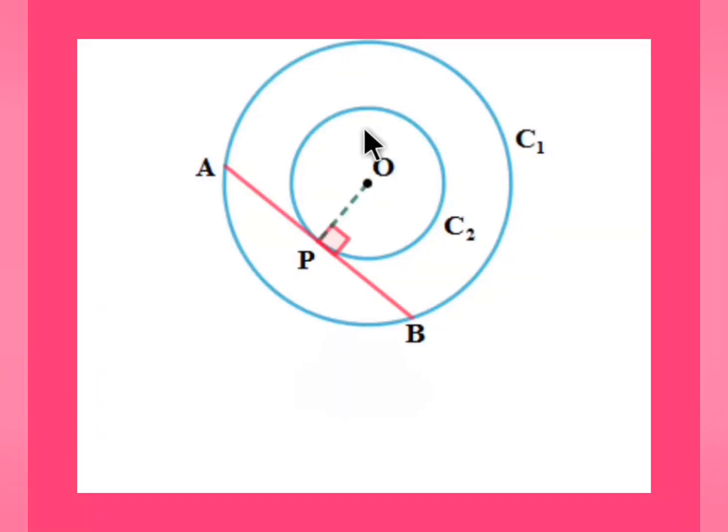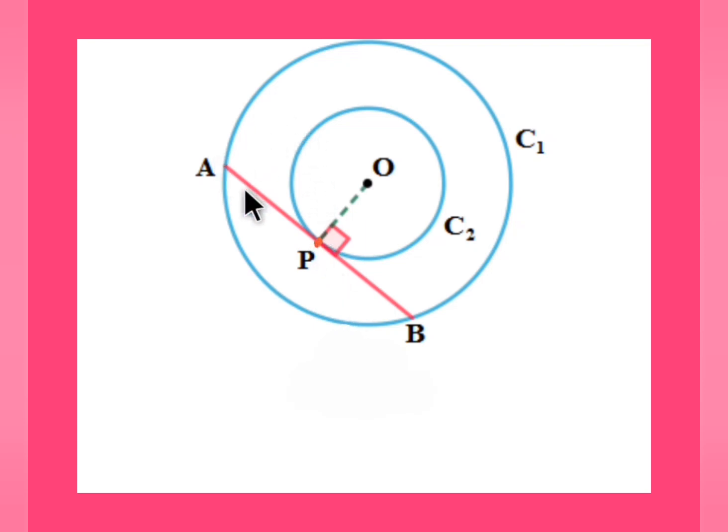Moving to the next point, consider two concentric circles. Circle C1 has center O, C2 also has the same center O. So these two circles are called concentric circles, and the chord drawn to the larger circle, that is the C1 circle, which touches the smaller circle, is bisected equally.